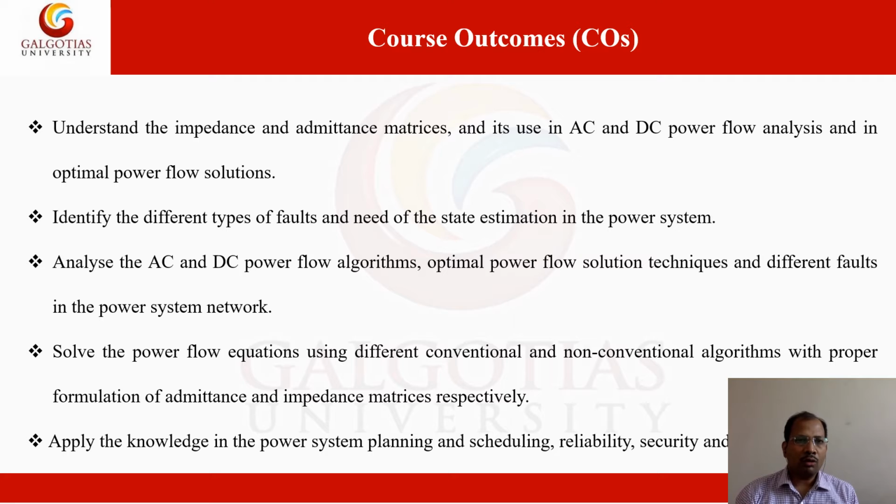The second course outcome is to identify the different types of faults and the needs of state estimation in the power system, and also analyze the AC and DC power flow algorithms, optimal power flow solution techniques, and different faults in power system networks.